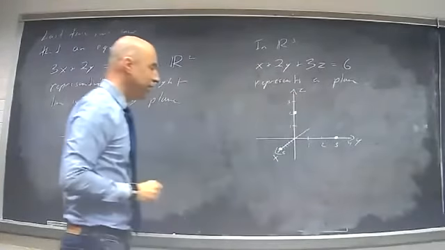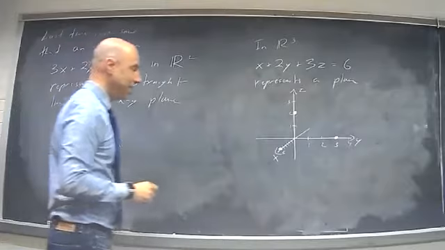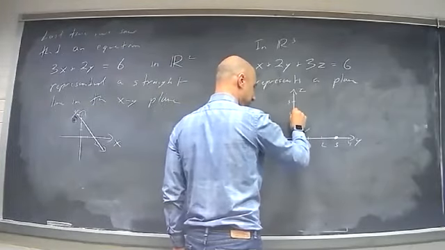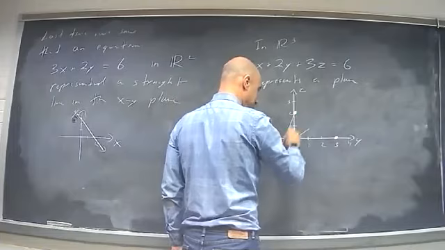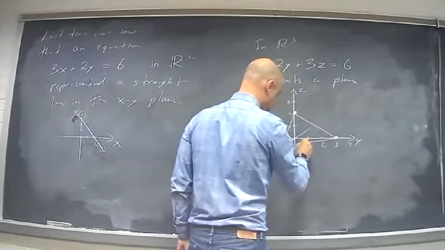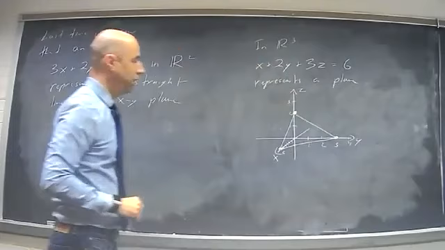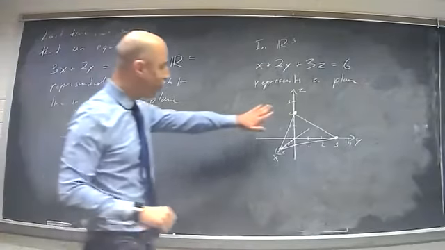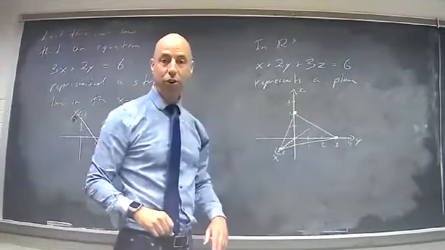A neat little way to graph this is to just connect these 3 points where it crosses the 3 axes. You have a picture that looks a little like that. You can see that's just a piece of the plane.